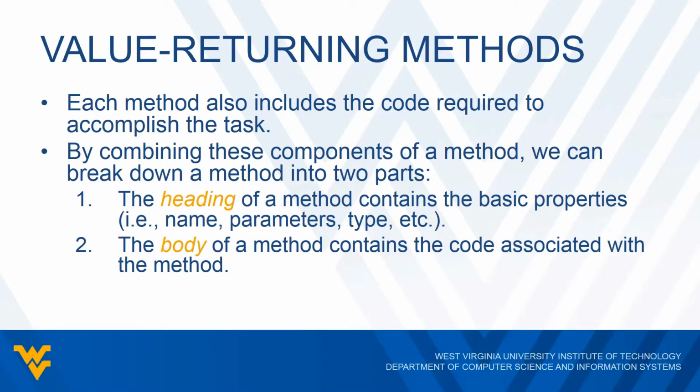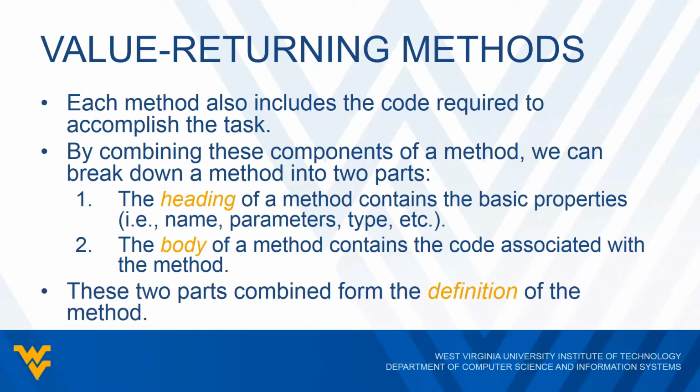The body of the method contains all the code that's associated with the method. These two parts combined form the definition of our method. So if we ever talk about the method definition, we're talking about the heading with all the properties and the code that gives us the actions we have to take to run that method.